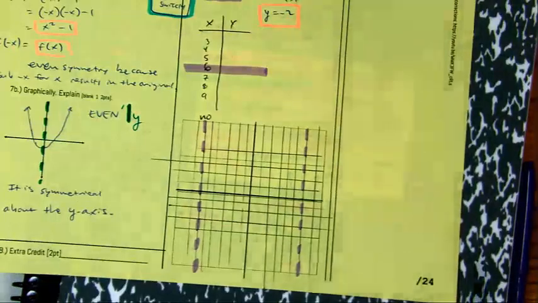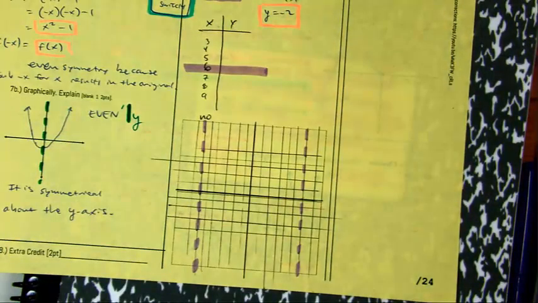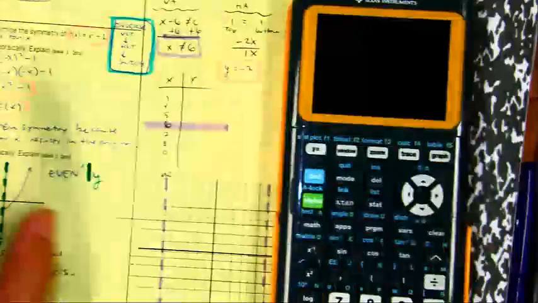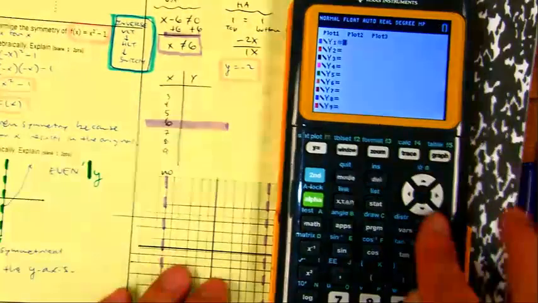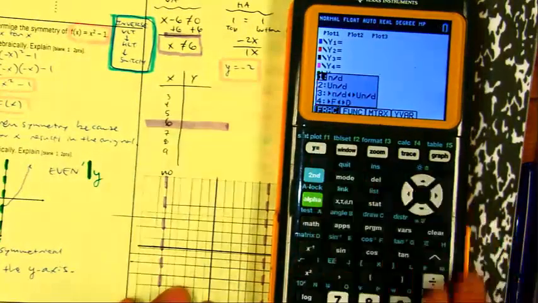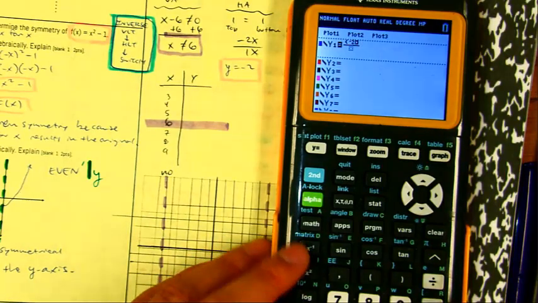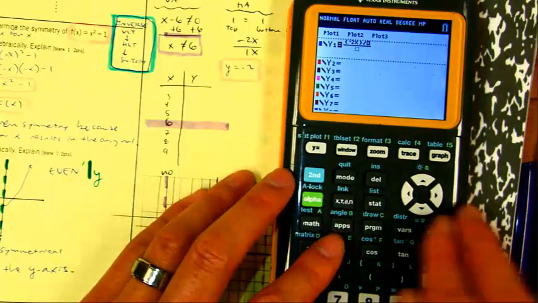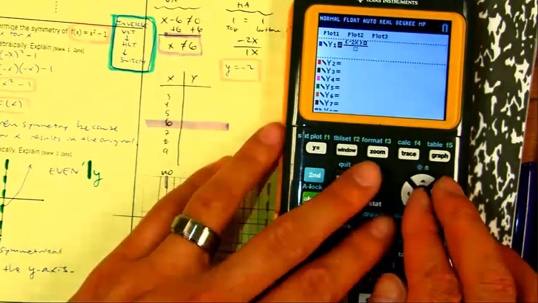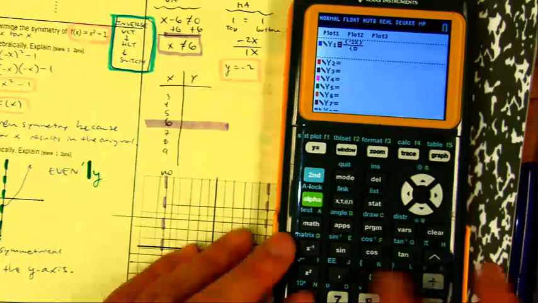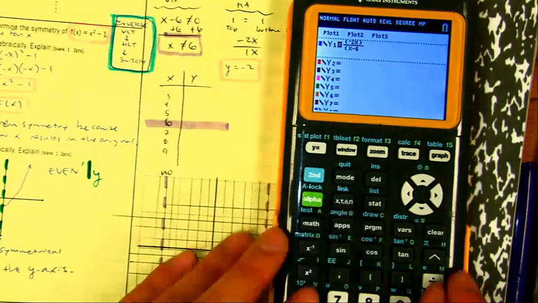Punch that into your calculator. There it is. Alpha, y equals, or you can just use 2 sets of parentheses, negative 2x, x minus 6.